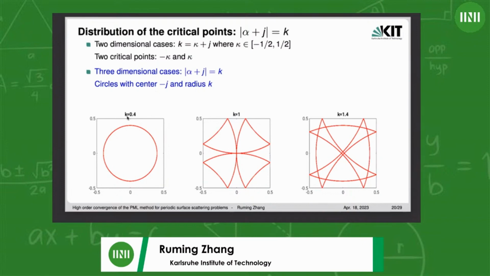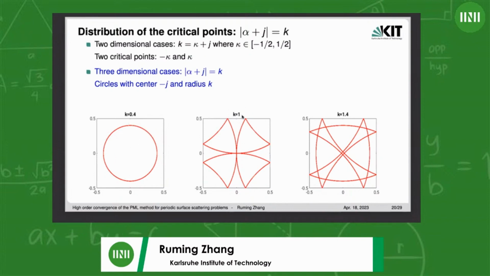After the Floquet-Bloch transform in 3D, alpha is in the square from minus 1/2 to 1/2, so this is the square where alpha lives, and we have to do the integration in this square. For k equal to 0.4, fortunately we have only one circle with center 0 and radius 0.4.